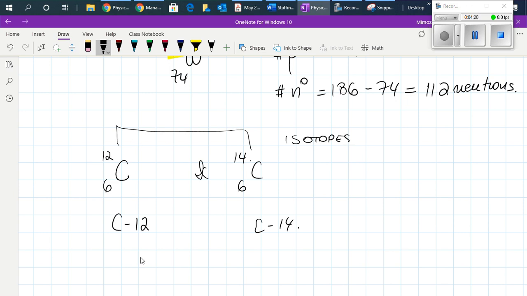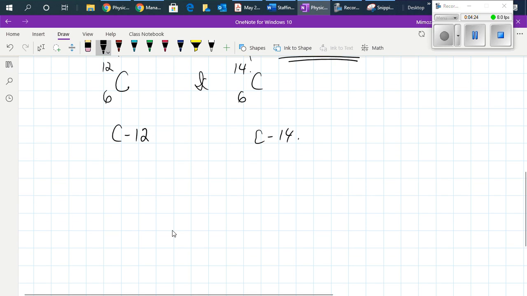You probably have heard this and seen this in chemistry. When we are talking about isotopes, they are different forms of the same element in the periodic table.